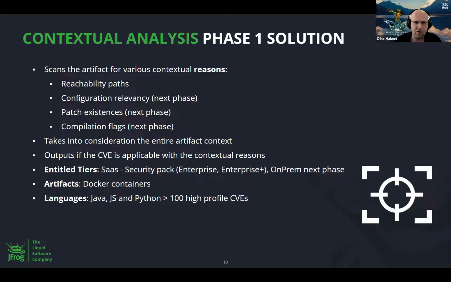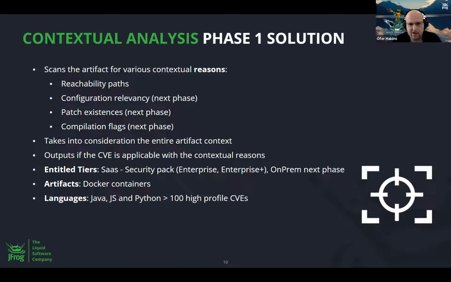In Q1, very soon, we are going to introduce phase 1 of this feature, and it will include basically the reachability paths. It means what paths of the vulnerable code are actually there. And in next phases, we'll add other elements like configuration relevancy, patch existence, compilation flags, all other stuff that can also contribute to the applicability.